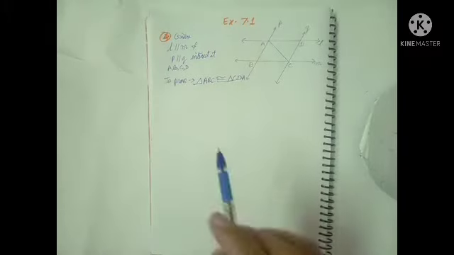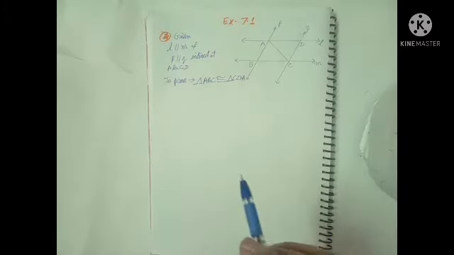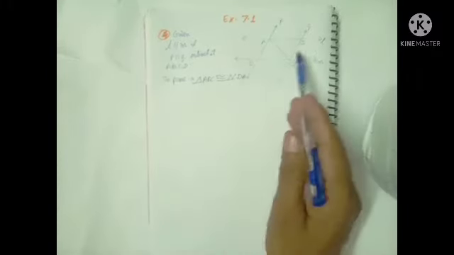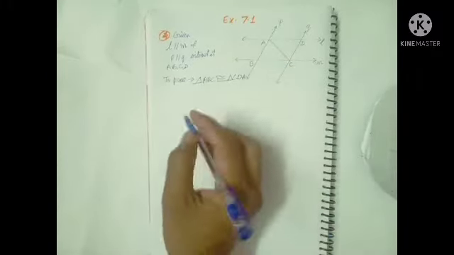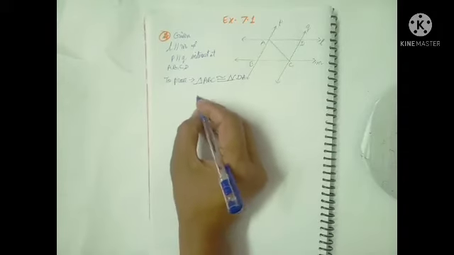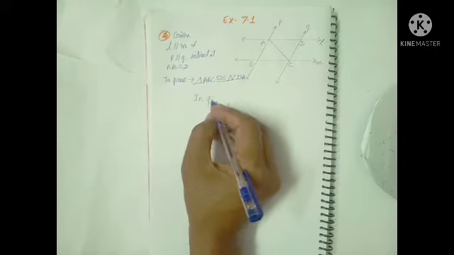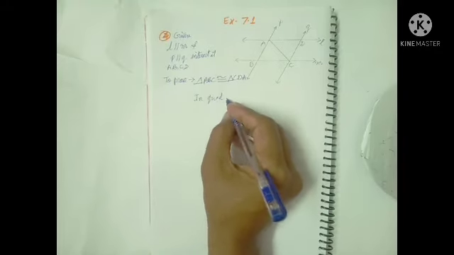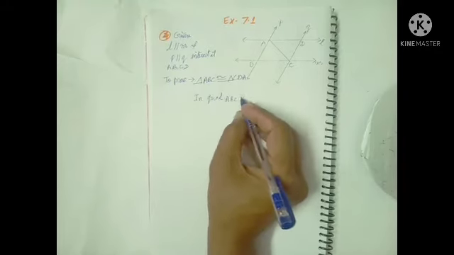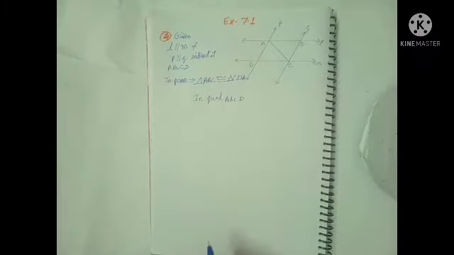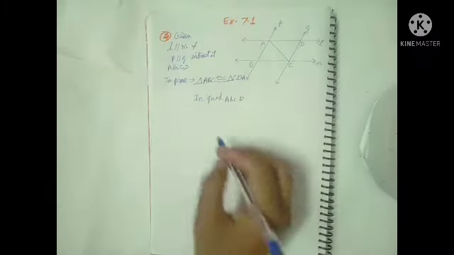So students, for this purpose what exactly do we have to do? I am taking this quadrilateral. How is this quadrilateral made? See, in quadrilateral ABCD, what can you observe?